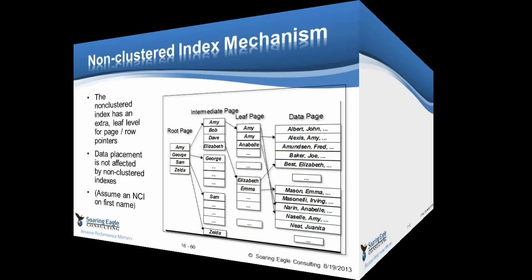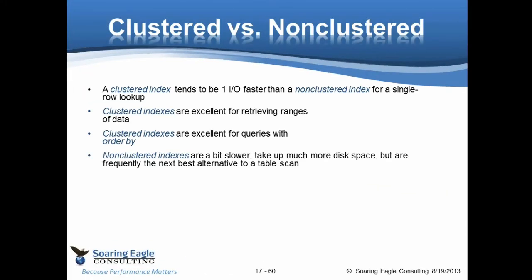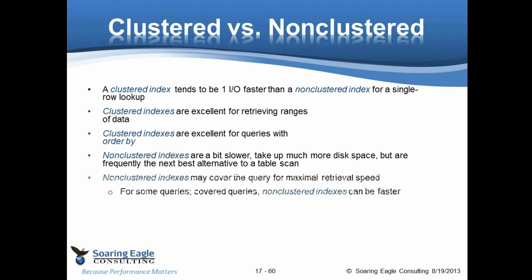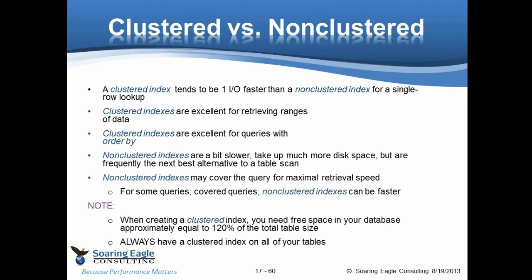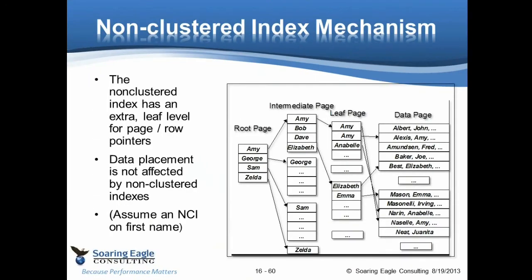The optimizer is going to go ahead and do the table scan there. As the number of rows you bring back changes, the usefulness of that non-clustered index reduces, and your chances of using a table scan instead are going to increase. For some queries, covered queries, non-clustered indexes can be faster than clustered indexes. This is an exception to the rule.